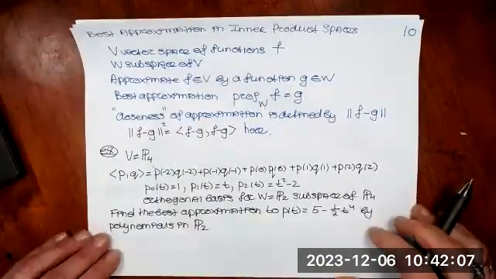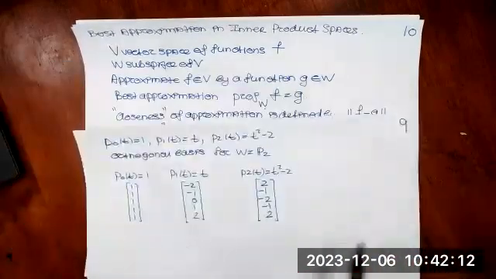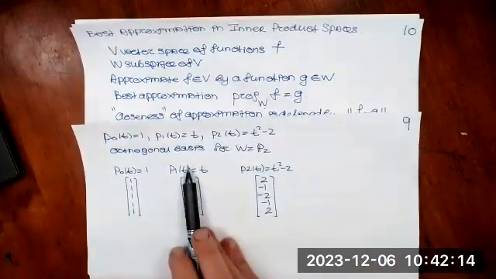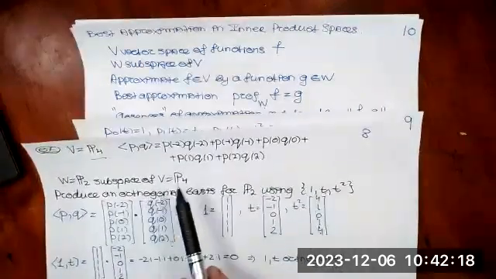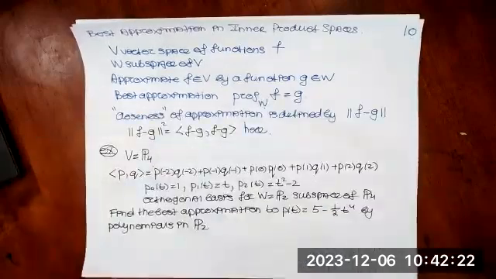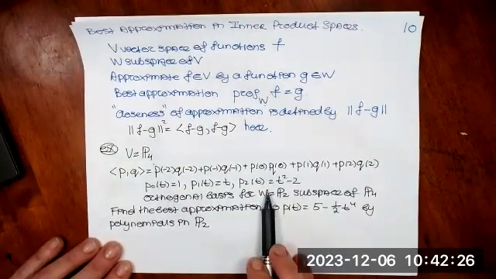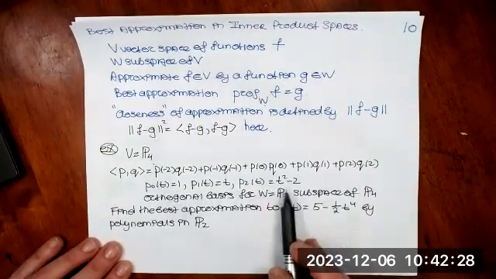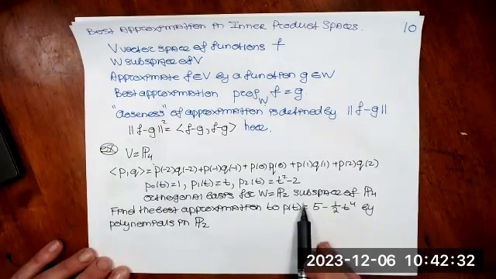And we also obtained an orthogonal basis for the subspace of this inner product space. We got this orthogonal basis from the previous example: 1, t, and t squared minus 2, for the subspace W.